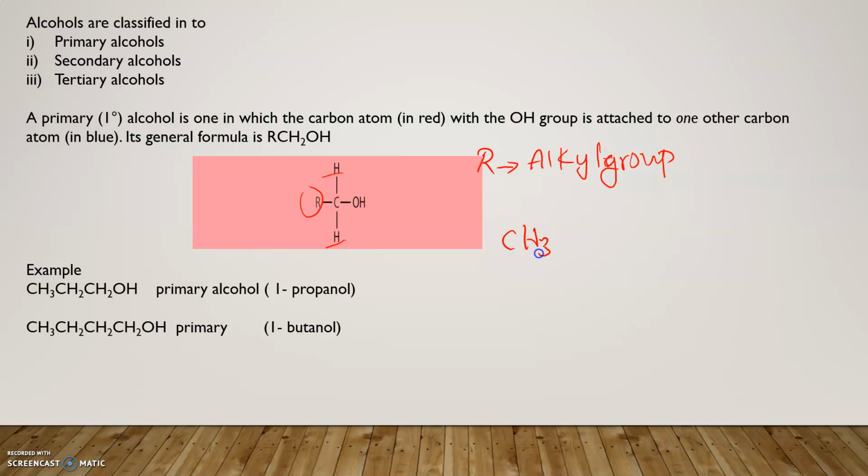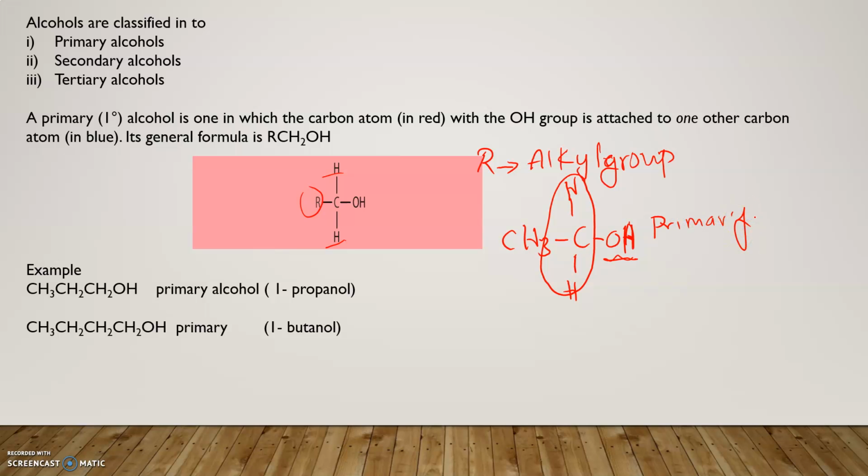We have CH3, C, H, H, and then OH. Look at that carbon attached to the hydroxyl. This carbon has 2 hydrogens. So this is primary.